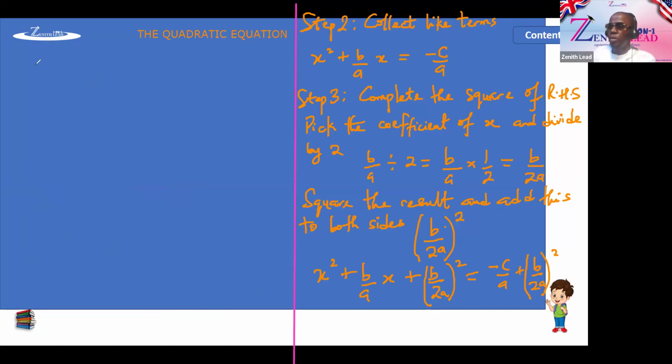So we now factorize the left-hand side of the expression.